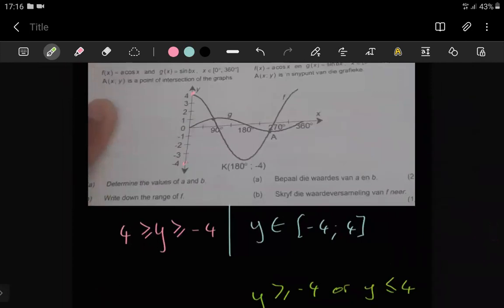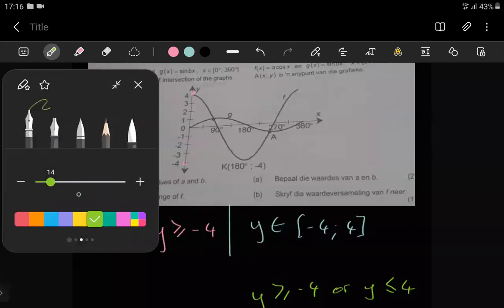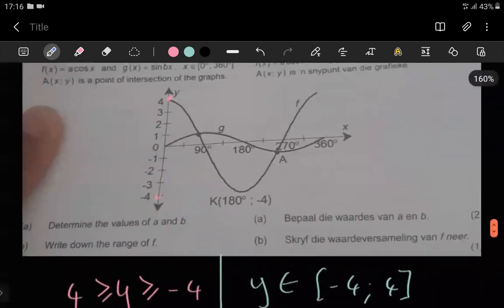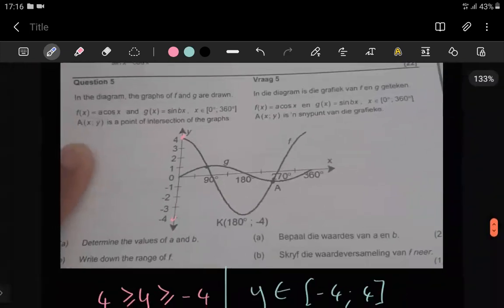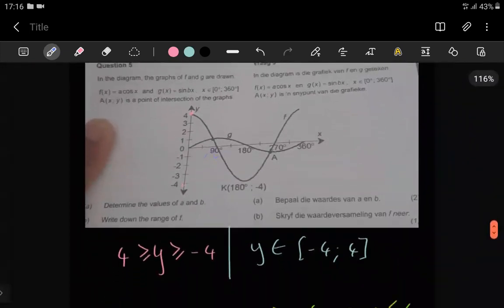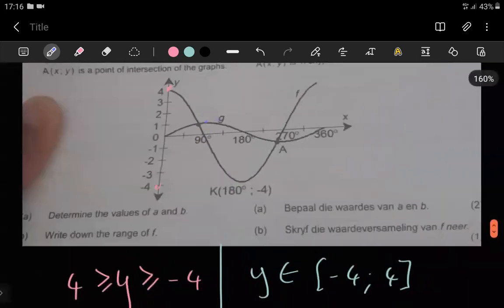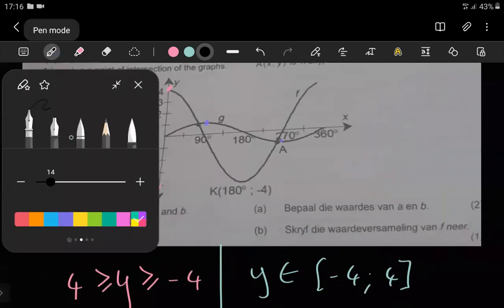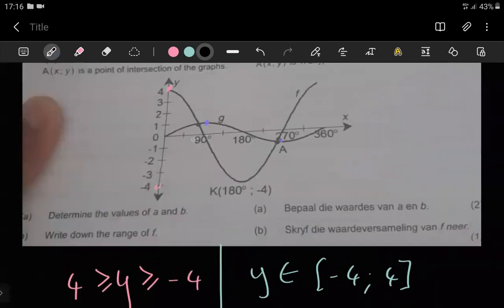And then, what's the range of the graph of g? Just say between which two y values the graph goes to.